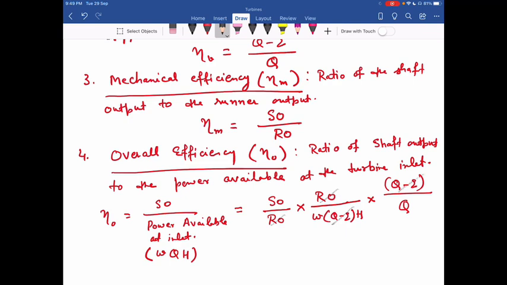So shaft output divided by WQH is the overall efficiency.